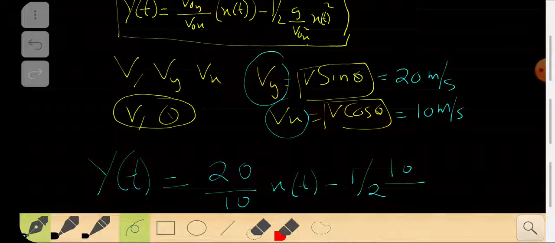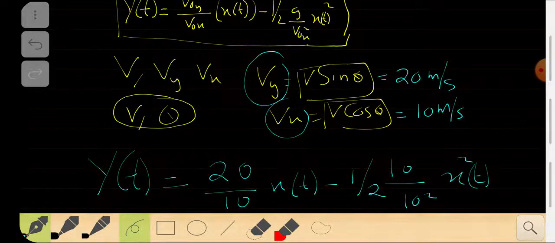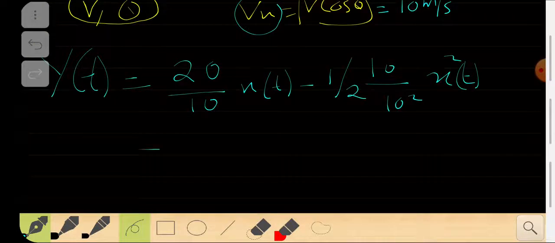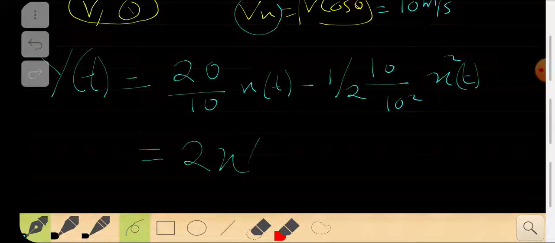And v0x, which is vx here, the whole square, which is 10 square, times x of t the whole square.